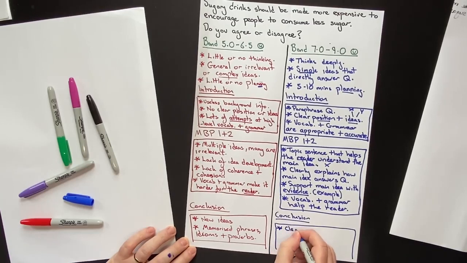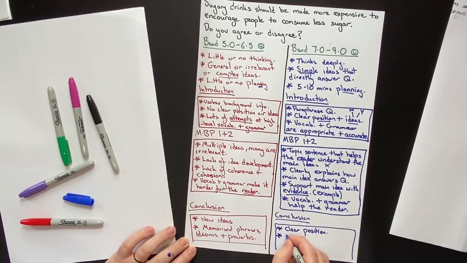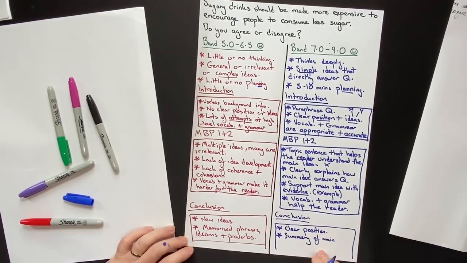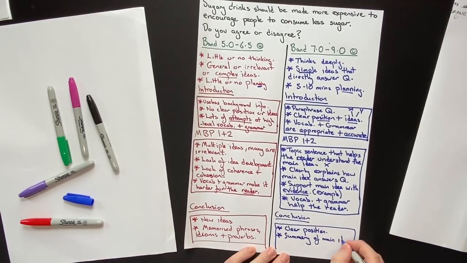Well, they have a clear position. They clearly state again whether they agree or disagree. Their position should be clear throughout the entire essay. And a summary of main ideas.